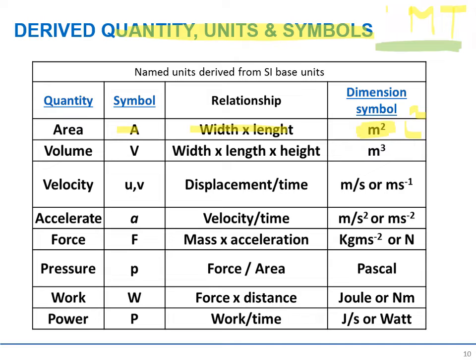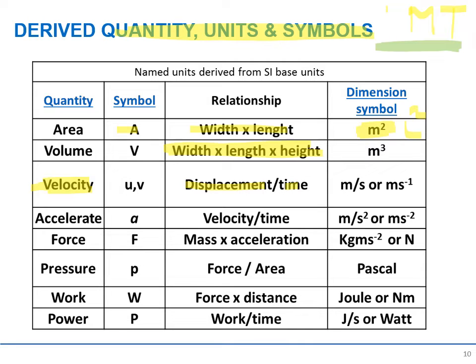Volume. Volume means width into length into height. You measure width in meters, length in meters, height in meters. So your unit will be meter cube. Now, velocity. Velocity is displacement divided by time.